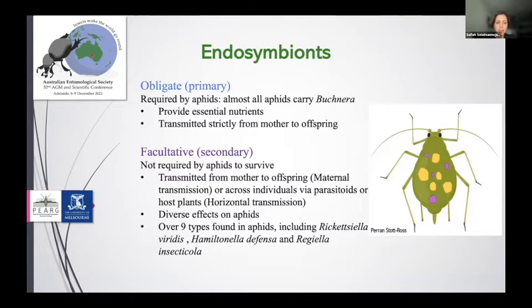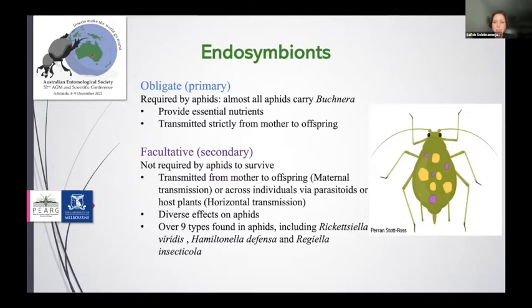The second one is facultative or secondary endosymbionts that are not really essential for the survival of the aphids, and they can transmit both maternally and horizontally via the parasitoids or host plants.